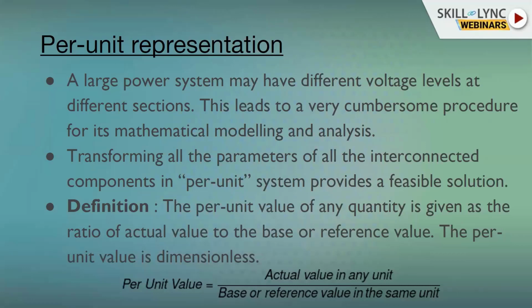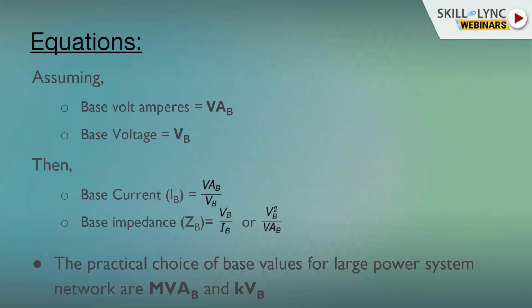If you are not aware of the per unit representation of the power system network, it might be a bit confusing just from the definition. So to give more clarification, I'm presenting the equations for the per unit calculations. In the per unit calculation, we assume some base values for the power level and the voltage level.